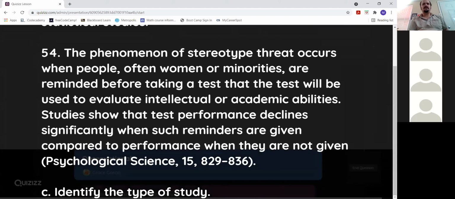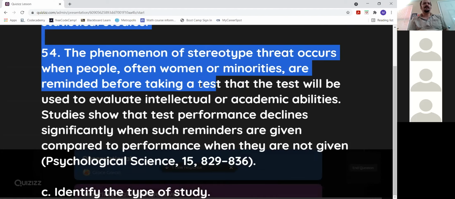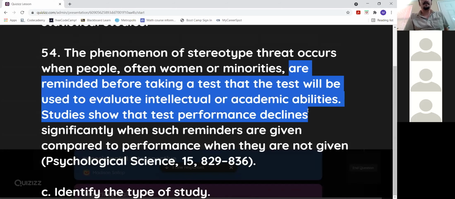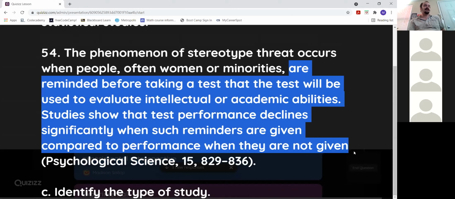So it depends how they're doing this, but are they reminded before a test? Are you actively reminding these people, or are they just being reminded? Are you looking back at a study to see whether they were reminded? The way that they're wording this, it definitely sounds like they are either telling this person or not telling this person before they give them that test.